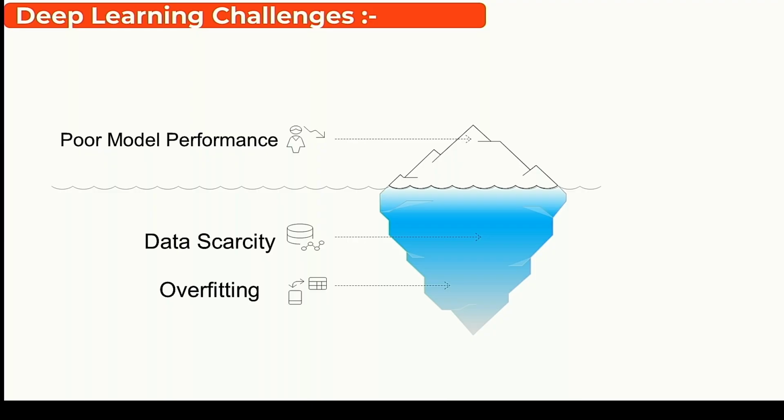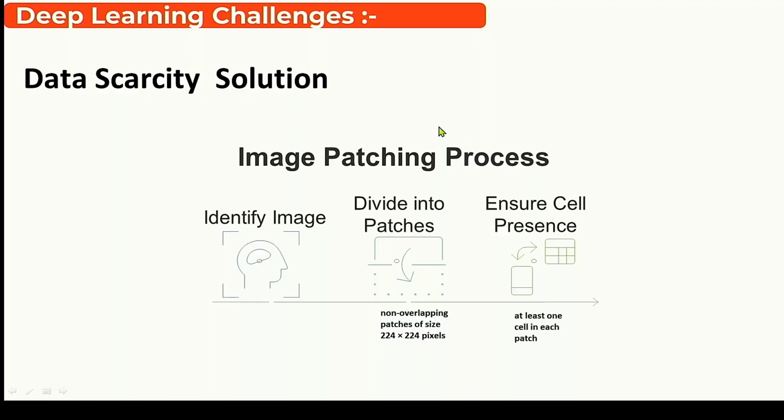The first challenge is data scarcity, because we only have 40 images, but they are high resolution images, okay? And we show you how we deal with that. And the overfitting, because this is a common problem for deep learning. If these two problems are found in any model, that makes the model very poor, so we solve that problem.